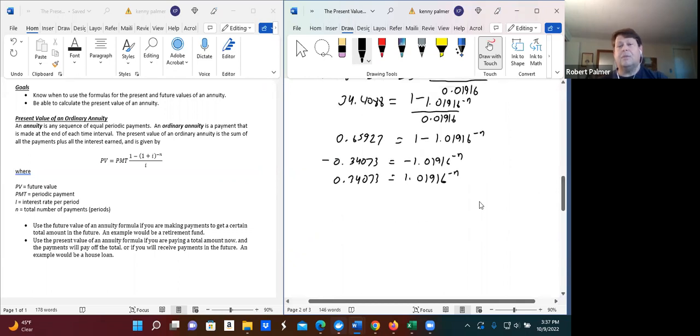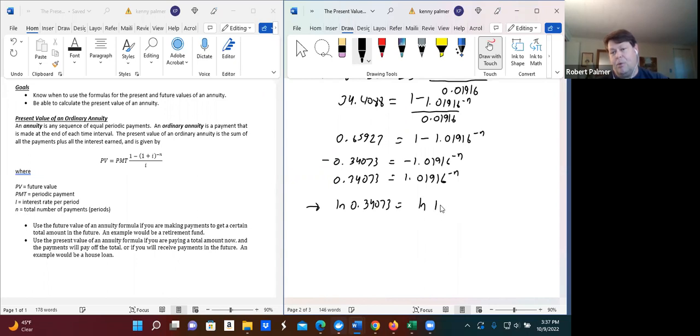Now here, we can use logarithms, and you can use any log you want, but you should use natural log, which is ln, or log, which is log base 10. Those are the ones most likely found on your calculator. So I'm going to take the natural log of both sides. So that will be ln of 0.34073 is equal to ln of 1.01916 to the negative n.